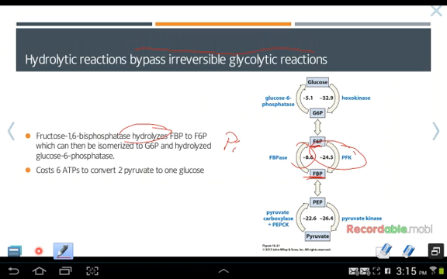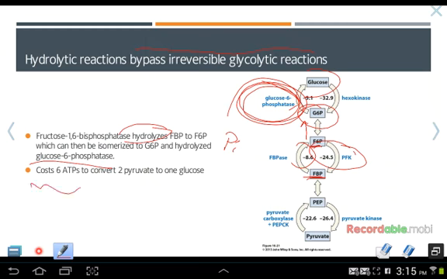Then we can isomerize freely F6P to G6P. Then glucose 6-phosphatase is used to hydrolyze off the other phosphate group on G6P to make glucose. This is the same enzyme that is used in glycogen dephosphorylation.